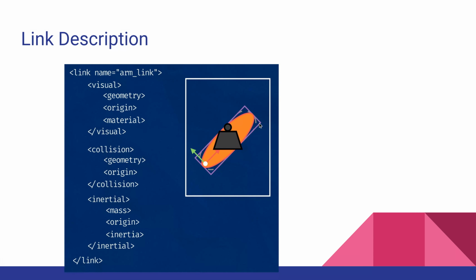So say I approximate my collision just to keep the model simple. I'll assume the collision model to be this square, right? So we can describe the collision boundary of the link, and then we describe the inertial properties of the link, like the mass and the inertia and the origin of the mass, basically.